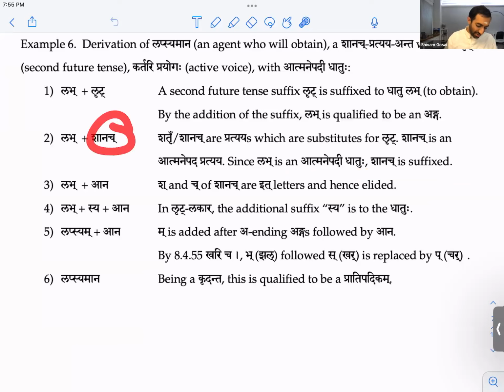But Śānac is replacing Lrt this time, not Lat Lakara. So we would know that from the final form. Shakara, chakara go away, you're left with ana. So lab ana.